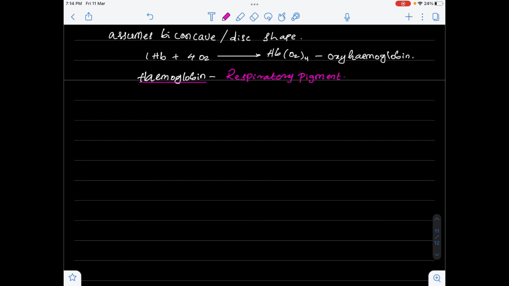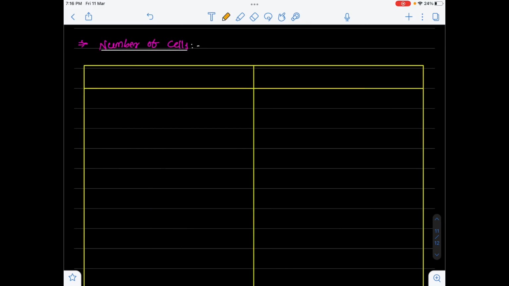After this, let us talk about number of cells. Based on the number of cells, living organisms are classified into two types, that is unicellular organisms and multicellular organisms. Now let us talk about the differences between unicellular and multicellular organisms. Unicellular organisms are made up of a single cell.